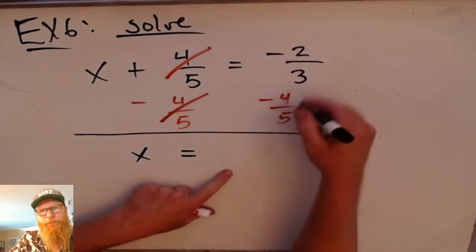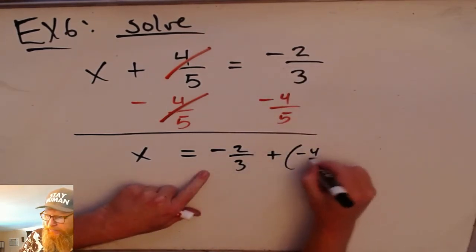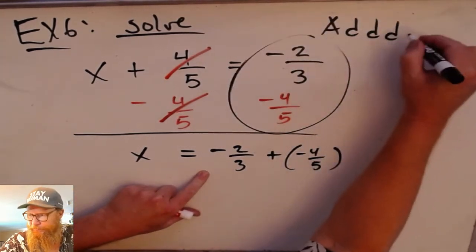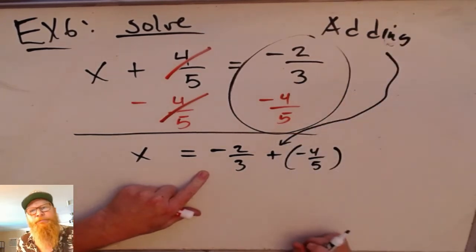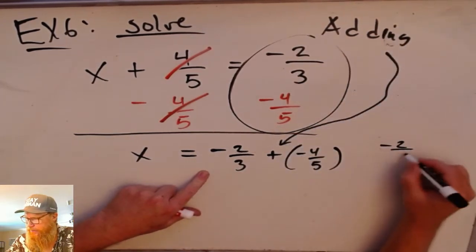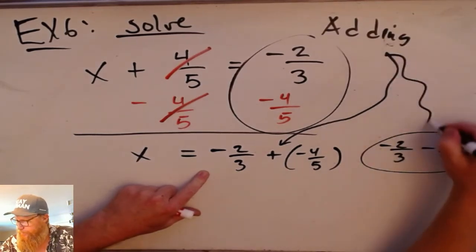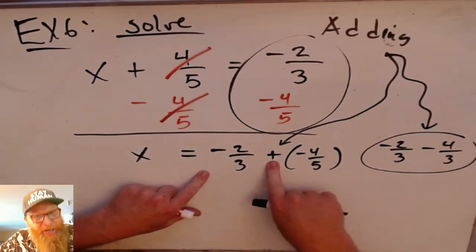Okay, now I want to point something out here. You are adding two negative numbers. You can write it like this. Even if you write it without a plus sign, it still means plus.